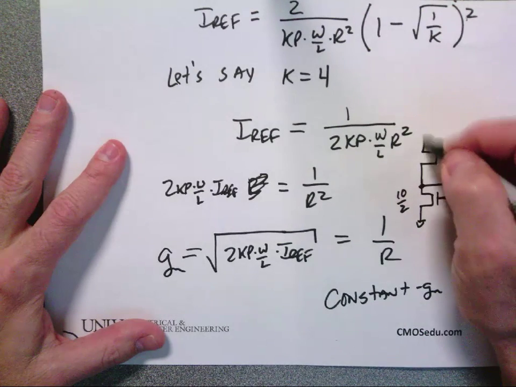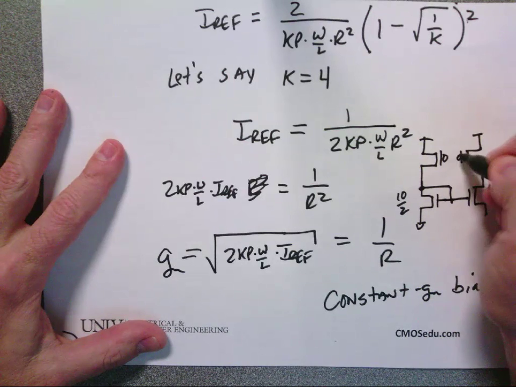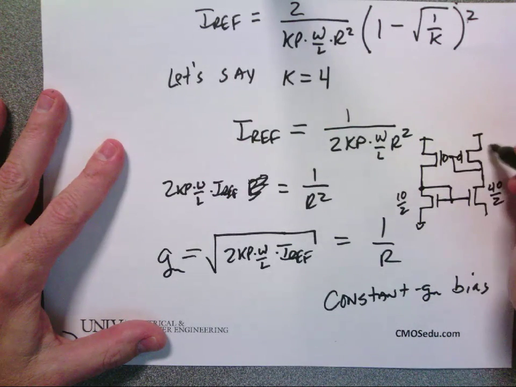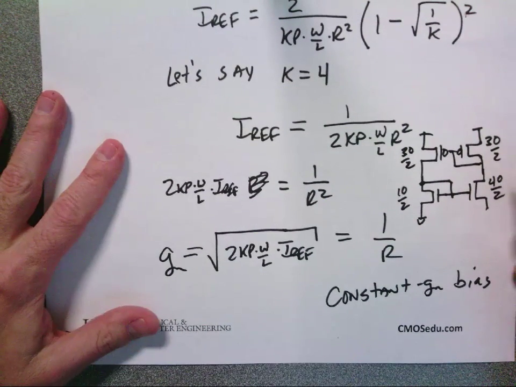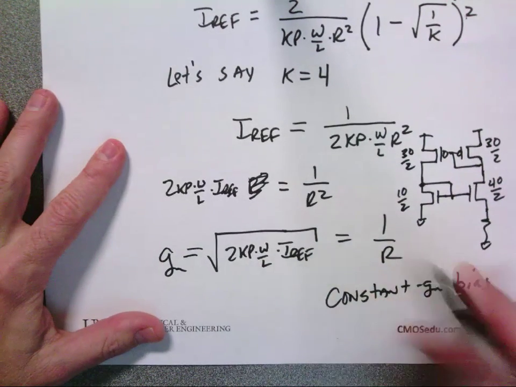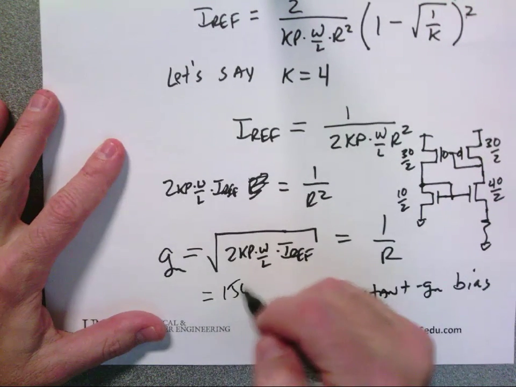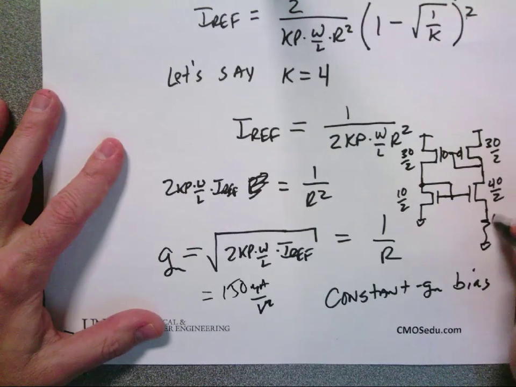Then for our PMOS, we're going to call these 30 by 2, 30 by 2. And then I'm going to put a resistor here of 1 over GM, but looking in the back, GM was 150 microamps per volt squared. 1 over GM would be 6.5 K.